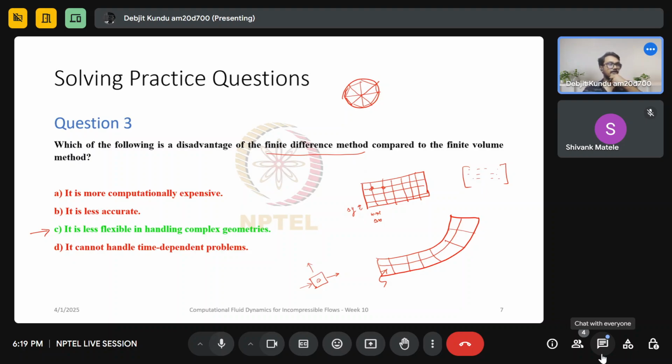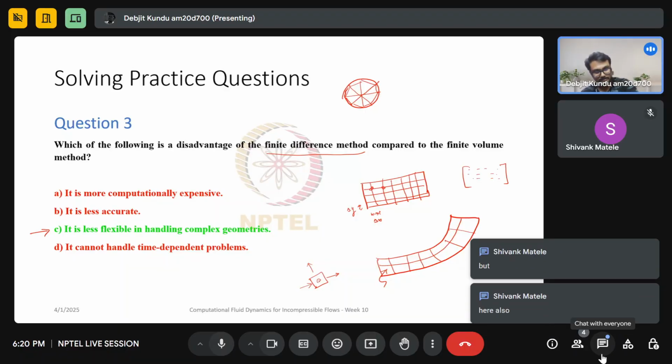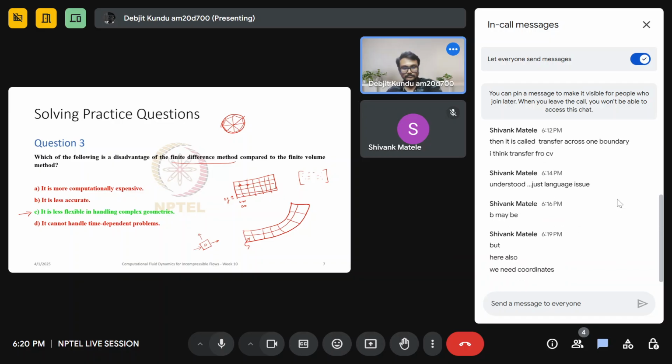So the bookkeeping and handling becomes much easier. Yes, but here also we need coordinates. Yes, we need coordinates, but getting the derivatives and all that becomes much easier.